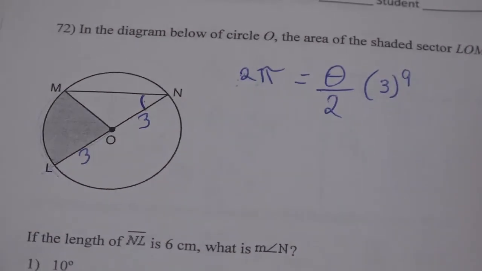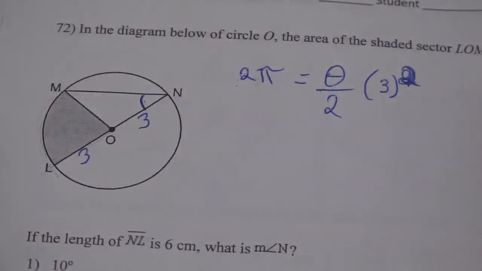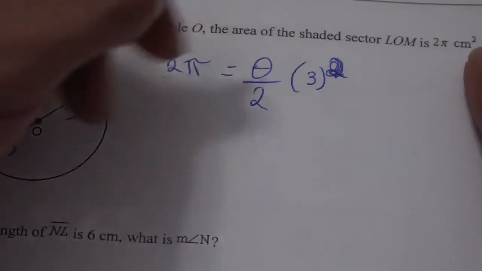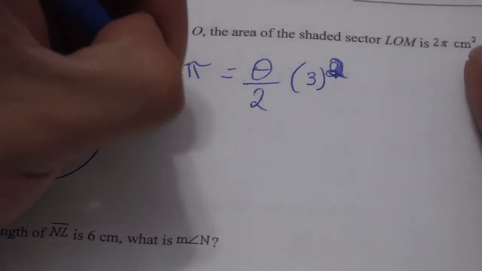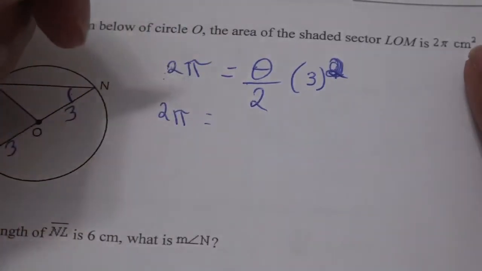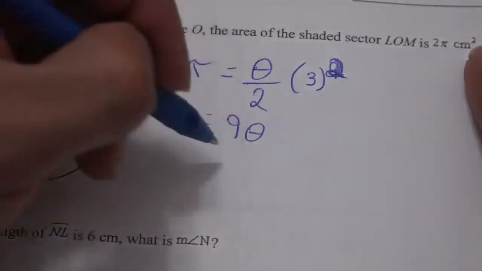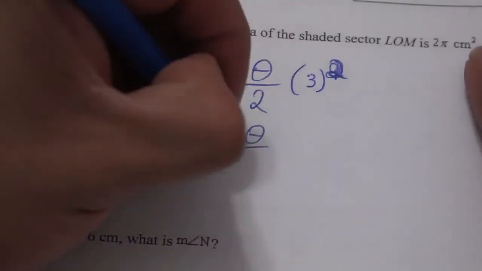I did it in my mind, so I put 9. So now you have 2 pi equals 9 times the angle, which I don't know what it is, over 2.